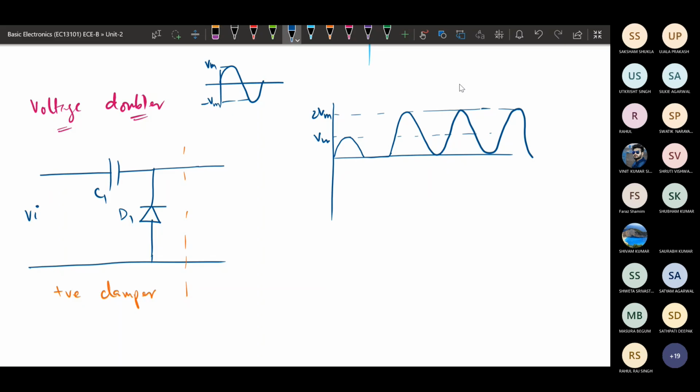If we want the maximum value to be 2 Vm, multiplied by 2, what we can do is detect the positive clamper output. The positive clamper output that we will be detecting is this 2 Vm. Once we are able to detect the 2 Vm, we get the output that is 2 Vm. So now we will be placing the peak detector, that is a positive peak detector. This is the positive peak detector circuit.